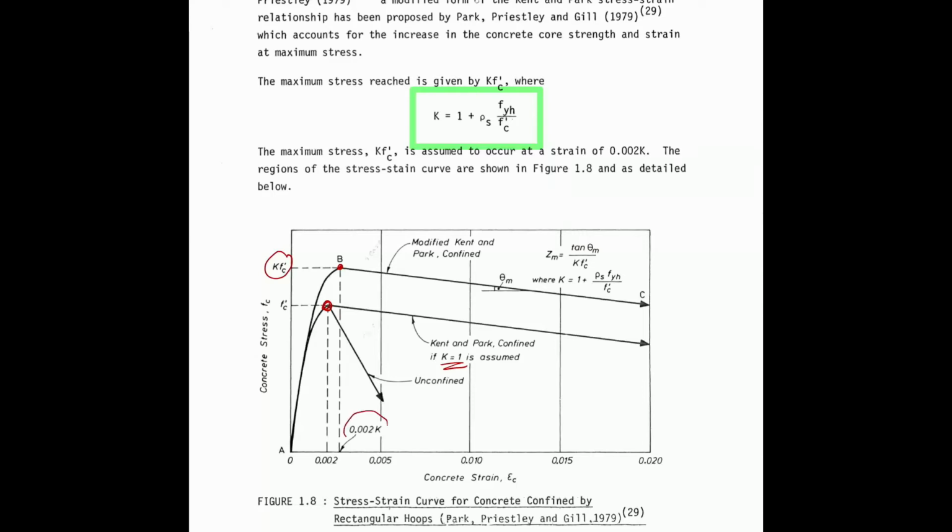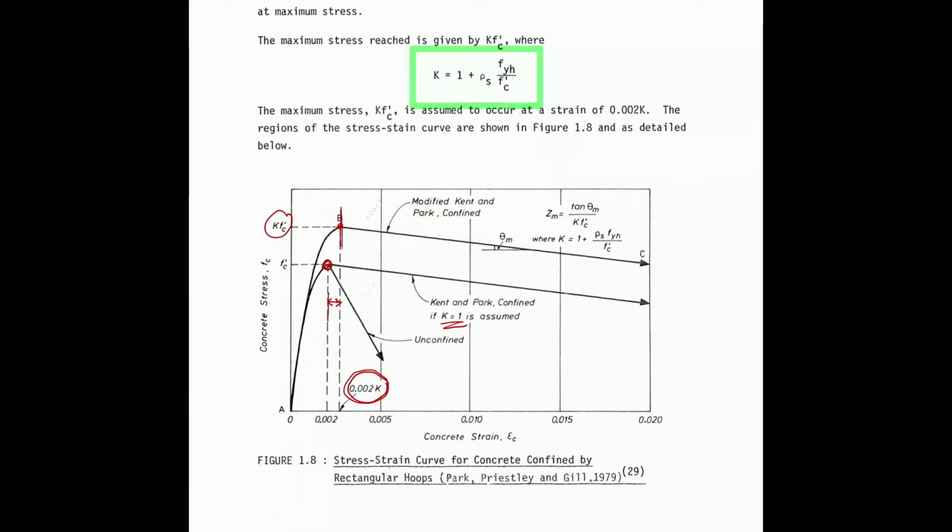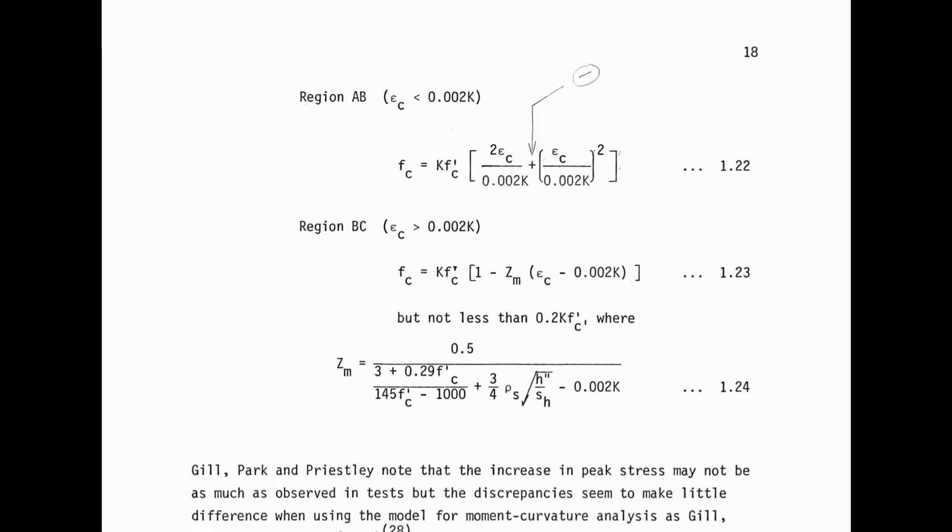You can also see that not only the peak stress is modified, it's also the peak strain. Because of the hoop you get some extra ductility, so you can achieve this point, whereas the original was back there. So not just 2000 microstrain, you get 2000 microstrain multiplied by the K value. The other parameters will be calculated, and you get the effect of K.